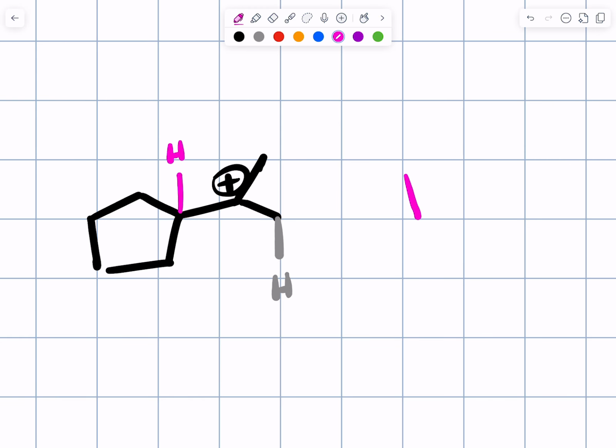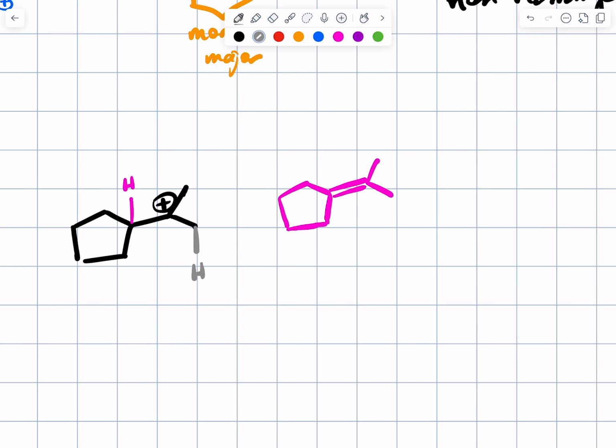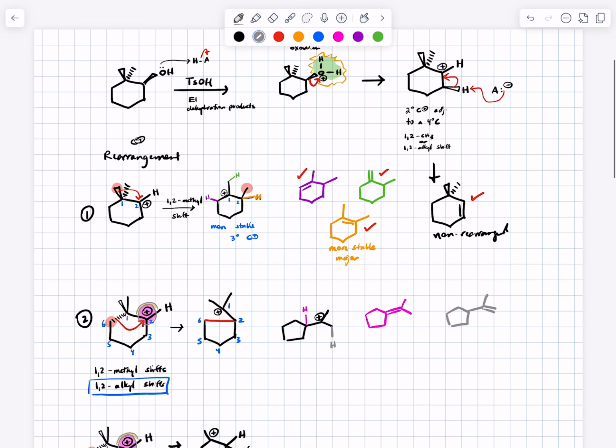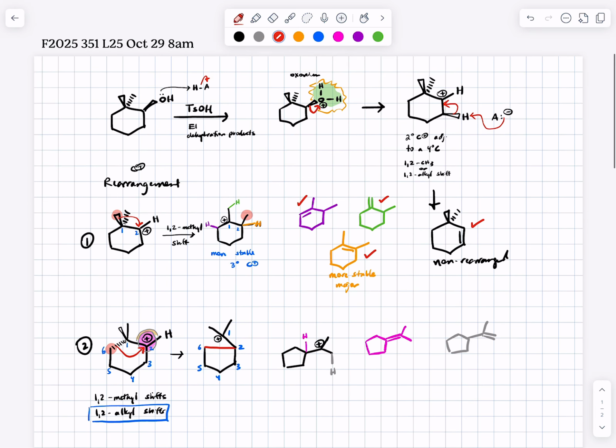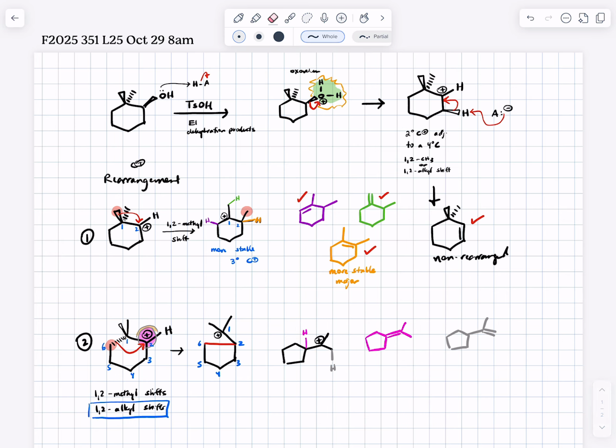So if we remove the pink proton, we get this product. If we remove the gray proton, we get this product. And I would expect you to draw all of these that have check marks by them as products of this reaction, rearranged and not rearranged.